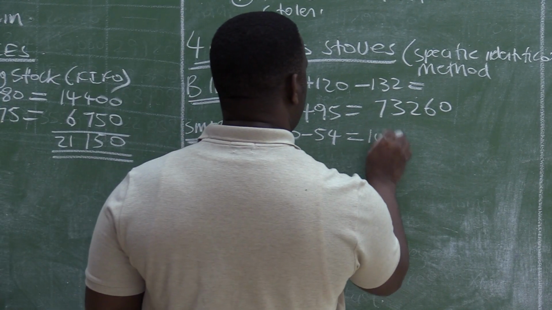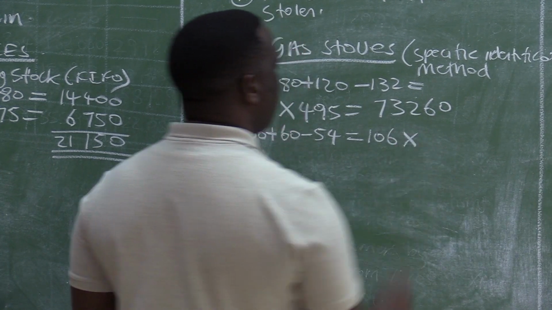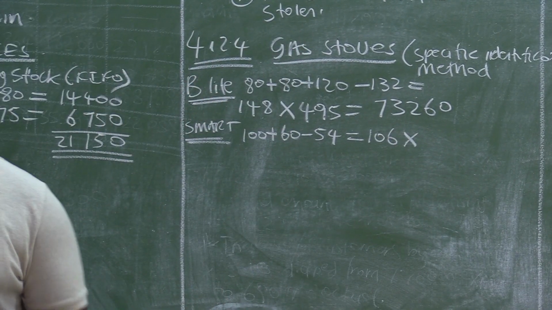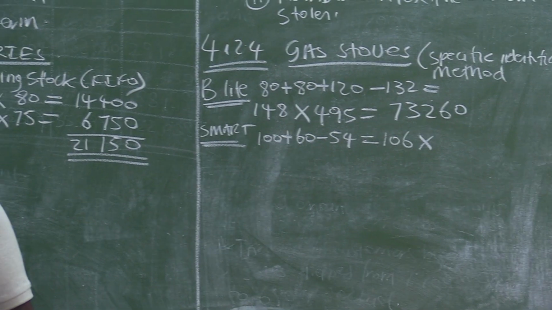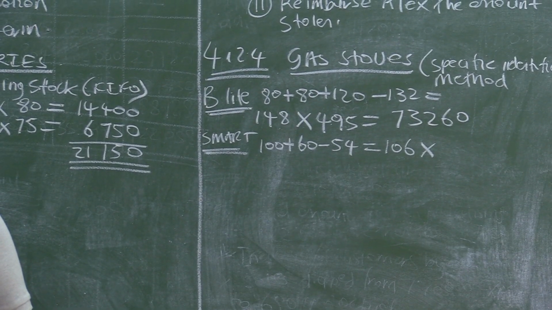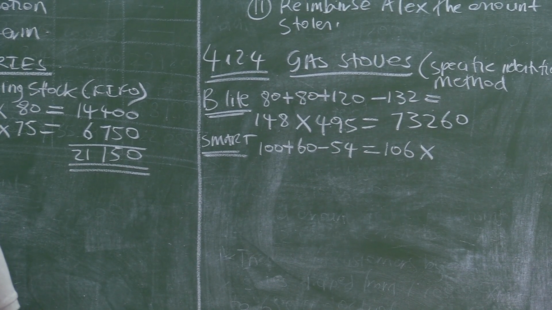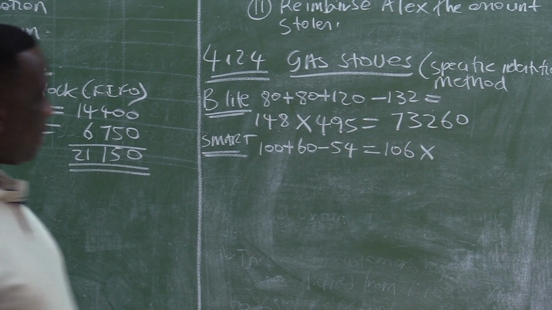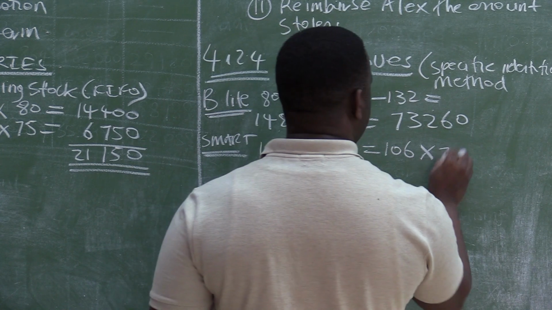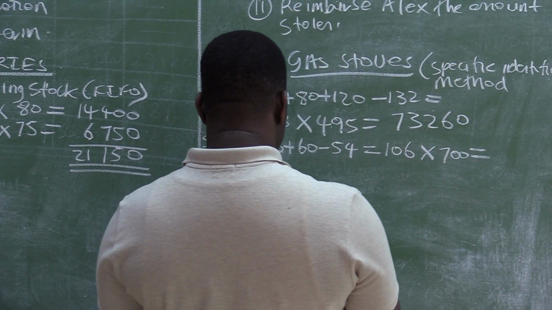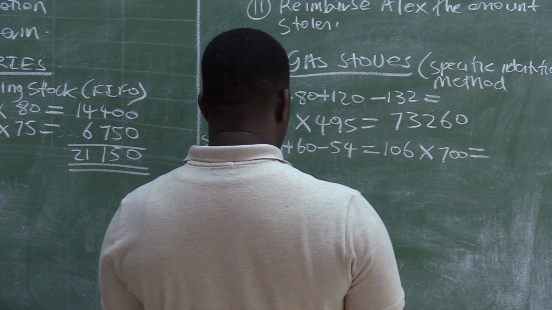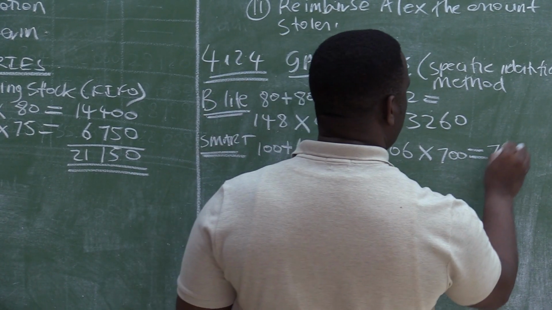And the unit cost for smart is 700. 106 multiplied by 700 equals to 74,200.